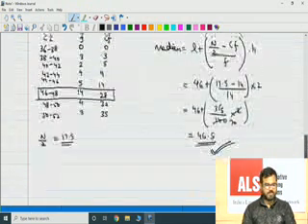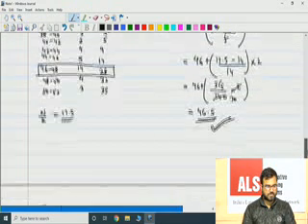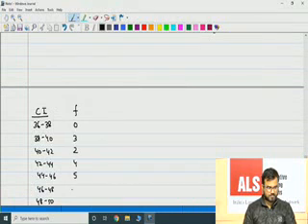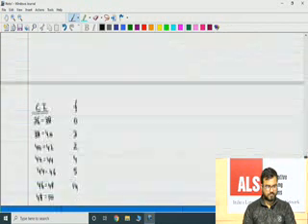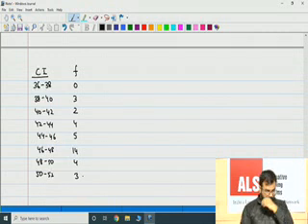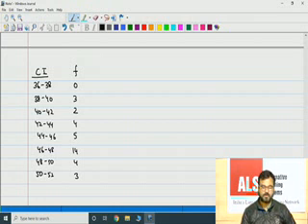And the frequency is also given. Okay, so this is that. Now, we draw the less than type and the more than type on the same graph paper.